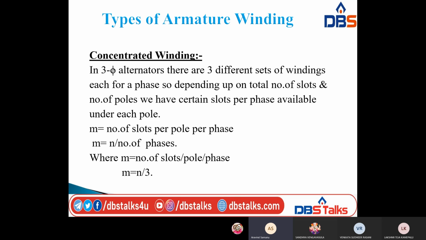This is nothing but m, where m is the number of slots per pole per phase. You already know that the number of slots per pole is nothing but n, the pole pitch. So m is equal to the number of slots per pole divided by the number of phases, that is n by 3, since we have 3 phases.